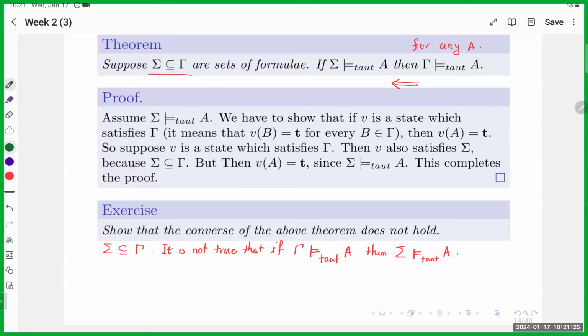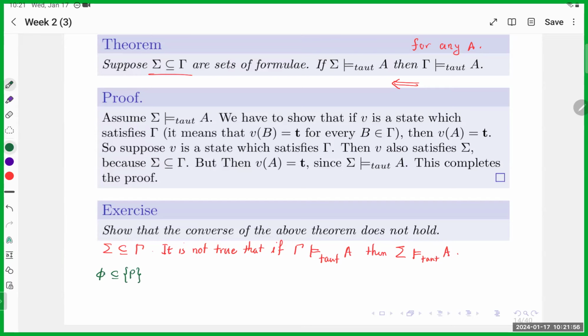But for example, think of the case that gamma contains a single formula, let's say a propositional variable P, and sigma is empty. It's the empty set, right? The empty set is a subset of a singleton.